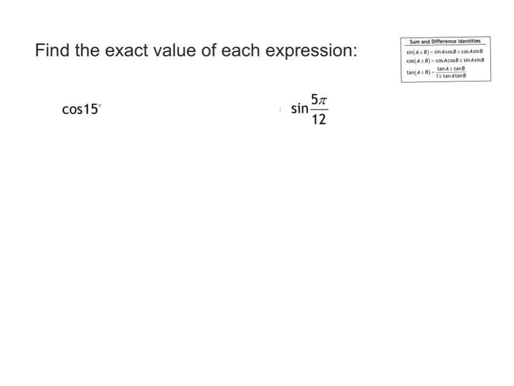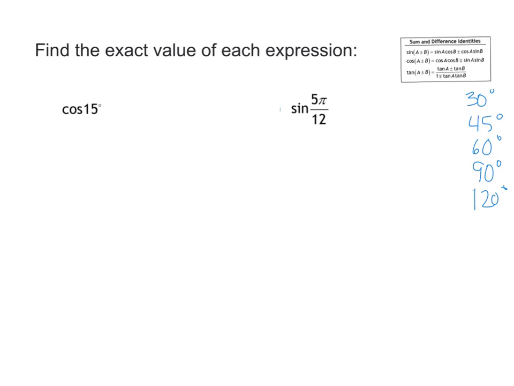So special angles, like I said, are multiples of 30 degrees or 45 degrees, 60 degrees, and then any multiples of those. So you'd have 90 degrees, 120 degrees, and so on. We need to take 15 and make it into a sum or a difference of those angles.